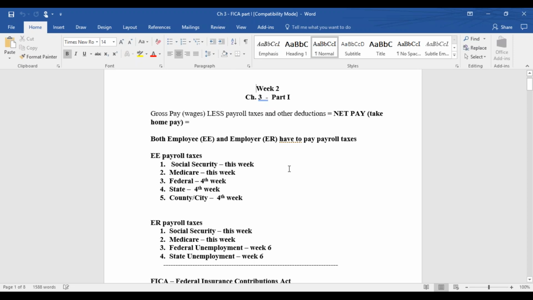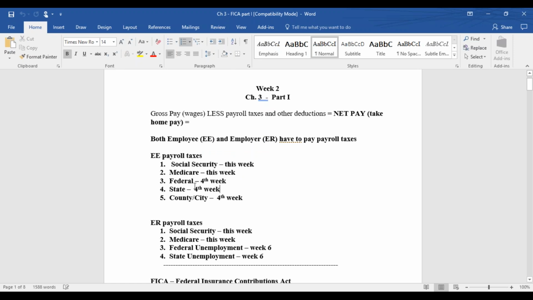I wanted to give you a brief overview of where we're going now this second week up through week 6. This is an 8-week semester, so the majority will be over the payroll taxes that are coming up. This week we're going to be looking at the Social Security and Medicare.